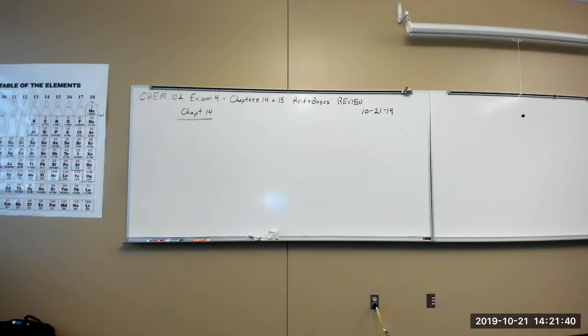Given the Ka for hypochlorous acid is 3.5 times 10 to the minus 8, and the Ka for HF is 7.2 times 10 to the minus 4, both at 25 degrees, which of the following is true concerning K for the above reaction?